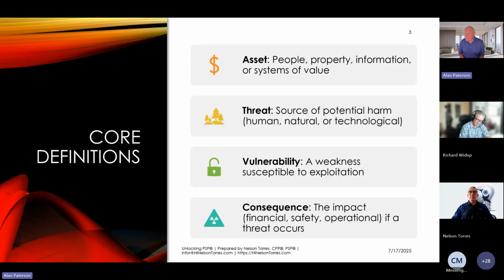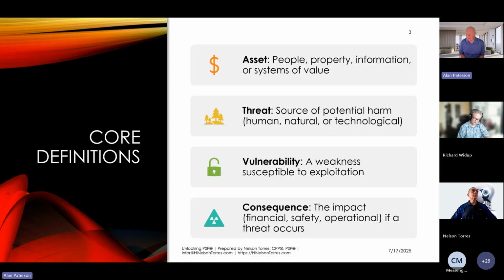We spoke about assets in these previous four tasks. An asset, just so we remember, could be people, property, information, or systems of value. They could be tangible or intangible. Threat is what could go wrong, a source of potential harm: human, natural, or technological.